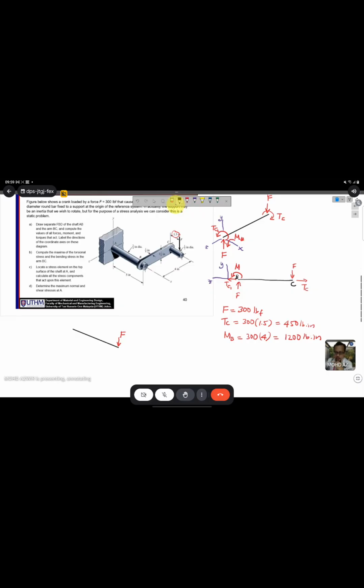This one is A, this one is B. Then I put the axes. This one is the Y axis, this one is the Z axis, and this one is the X axis.